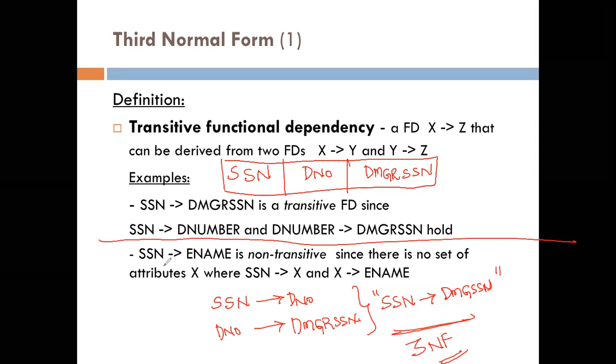For example, SSN determining employee name is not transitive because there is no set of attributes X where we can write SSN determining X and X determining employee name. There are a few exceptions for transitive functional dependency, so we shall see them.